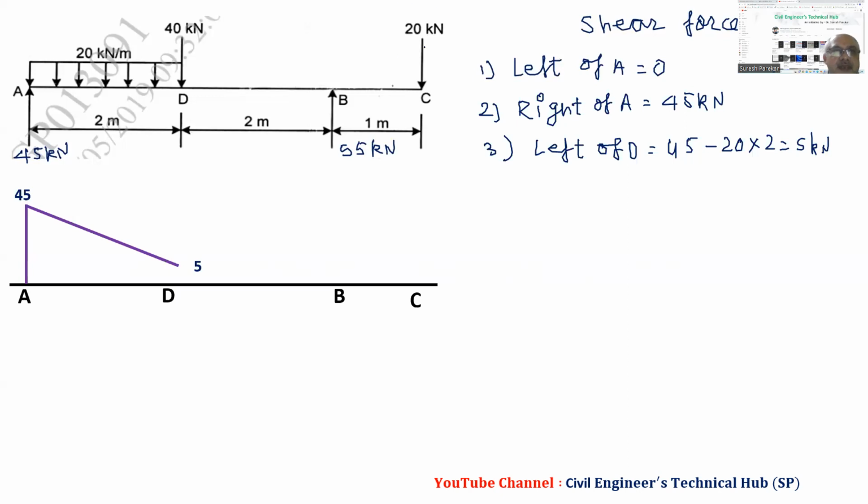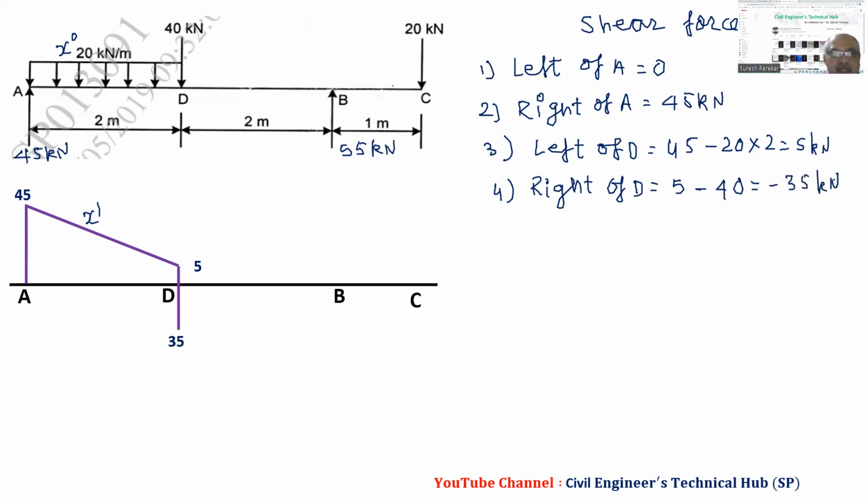You can see we have x to the power 0, so it will be x to the power 1. Then right of D, we have 5 minus 40, and it comes to minus 35 kilonewtons.